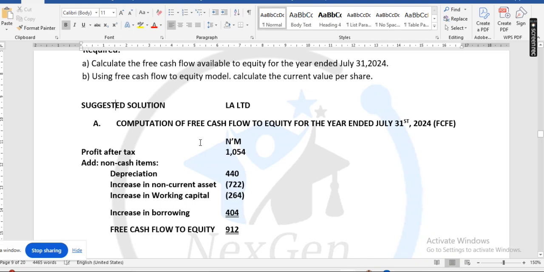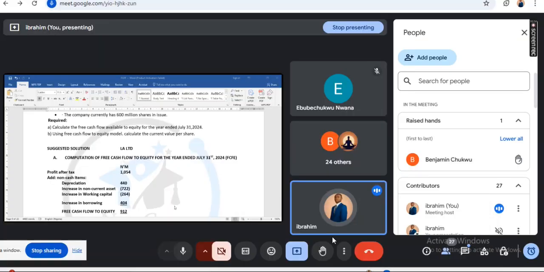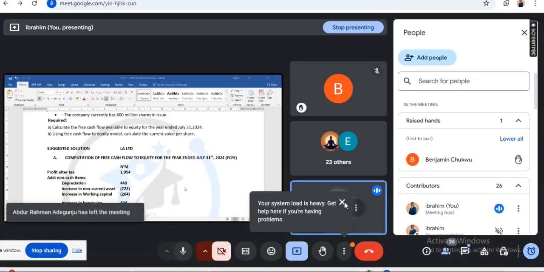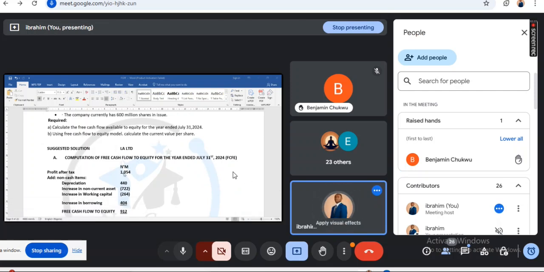Equity, right? And this is all about it. Don't forget this question, I think they added one thing in one diet. Yes, it was tested in one diet like that. They added C: advantages and disadvantages of stock exchange listing. Yes, I remember they added that. I think it was a 20 marks question.